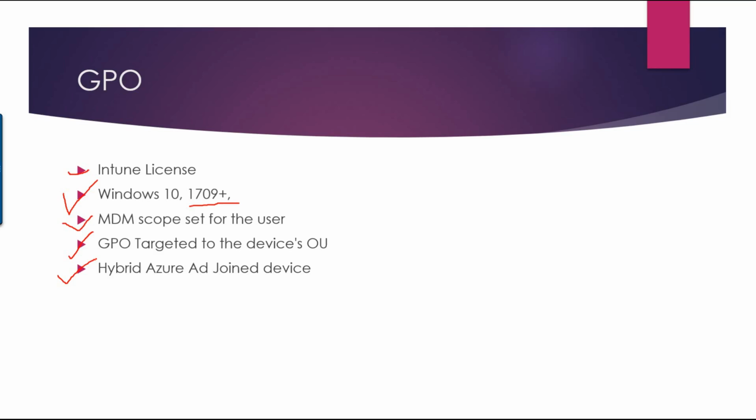That is, the device needs to be joined to the on-prem domain in order to deploy the group policy, and it needs to be joined to Azure as well, hence bringing it to a state of hybrid Azure AD join. The hybrid Azure AD join configuration is done by using a tool called Azure AD Connect, which we have discussed in the later nuggets. Okay, all right.